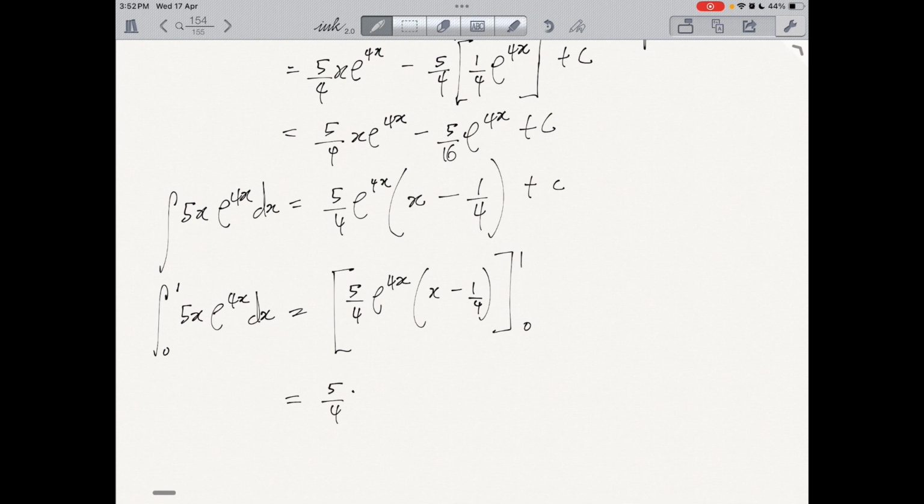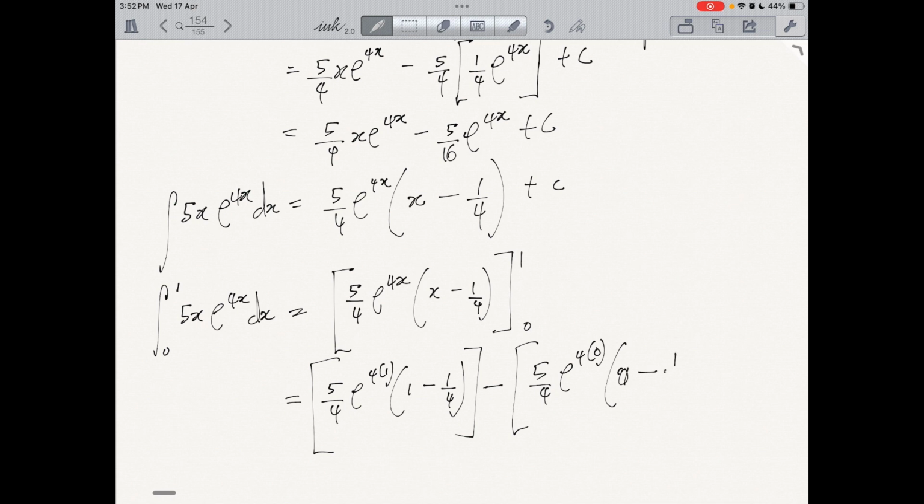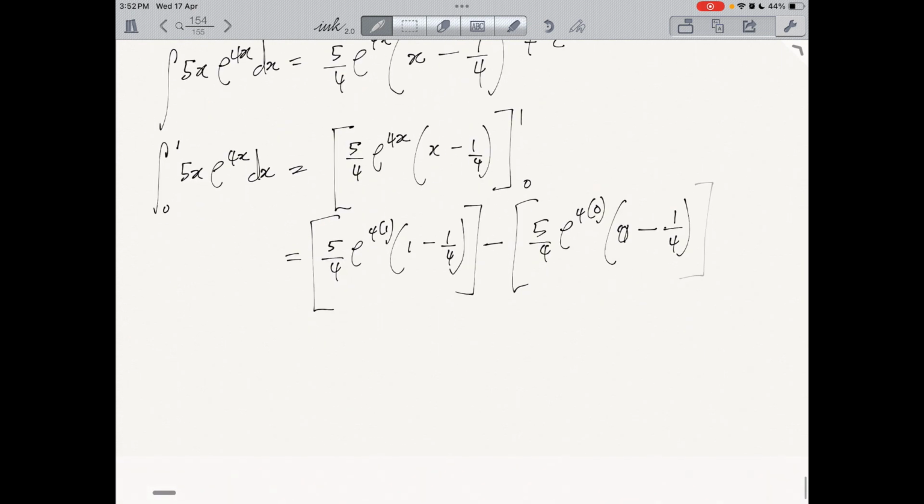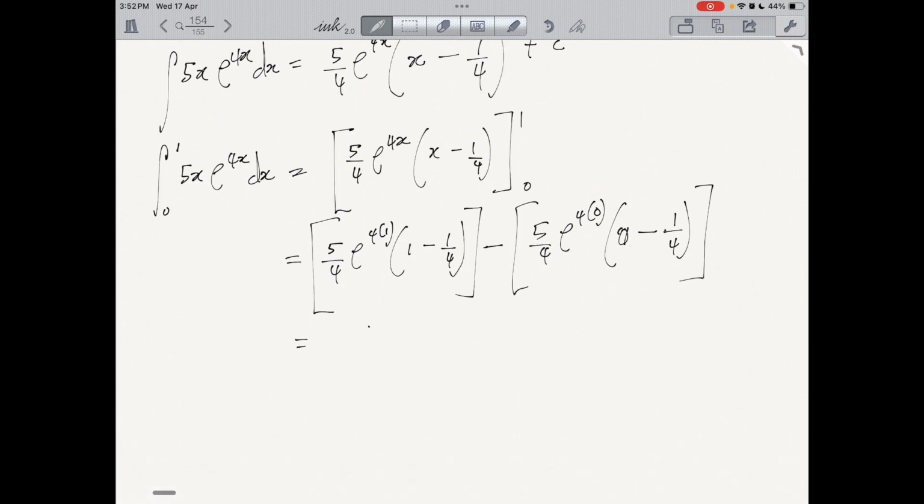It will be 5 over 4 exponential 4 into 1, times 1 minus 1 over 4, minus our lower limit 0, which will be 5 over 4 exponential 4 into 0, times 0 minus 1 over 4. Simplifying this, we will have 15 over 16 exponential 4 minus minus 5 over 16. And this will give us 51.5 approximately.